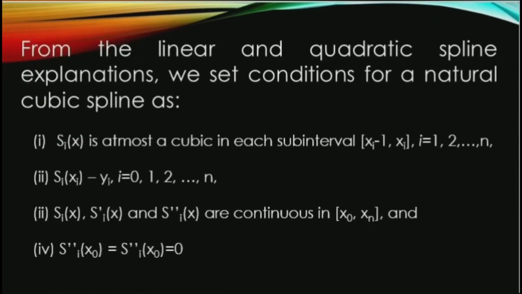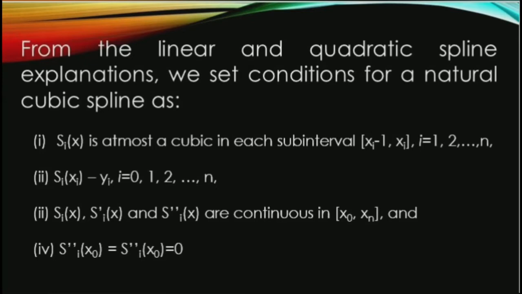From the linear and quadratic spline explanations, we set conditions for a natural cubic spline as: condition 1, condition 2, condition 3, and condition 4. For condition 3, in your equation, you get the first derivative, then the second derivative, and then you substitute the values of x to get new equations.